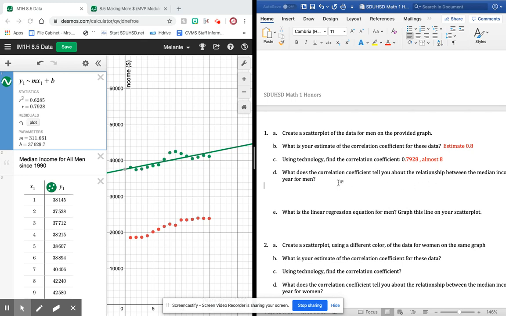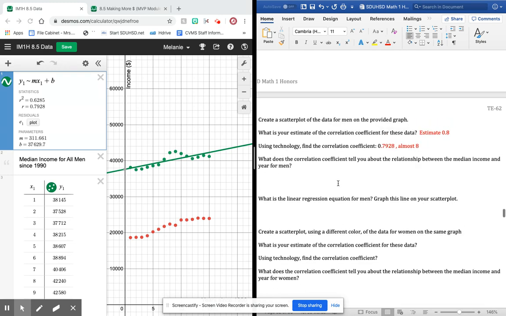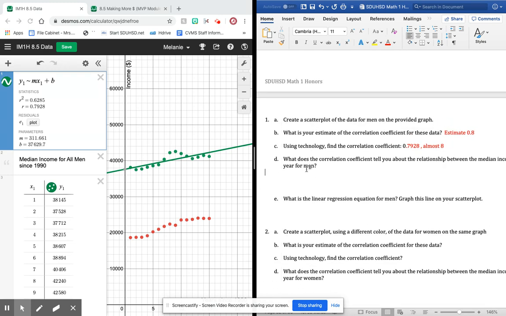So what does the correlation coefficient tell you about the relationship between the median income and the year for men? I can answer that in terms of math. Like, what does it mean math-wise? I would say it's a strong, positive correlation. It's linear, right? Like, it's not exponential or anything.